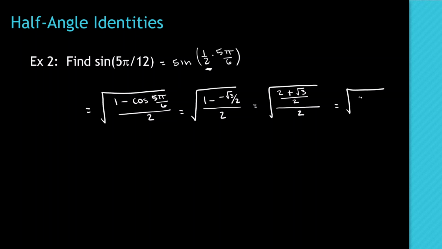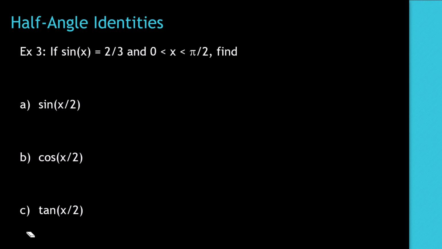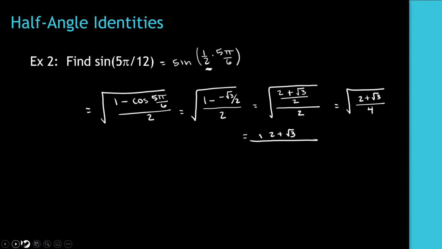So now I have 2 plus the square root of 3 all over 4. Now that can simplify one step further: 2 plus the square root of 3, and then all of that over, what is the square root of 4? Well, the square root of 4 is 2. So I end up like this.